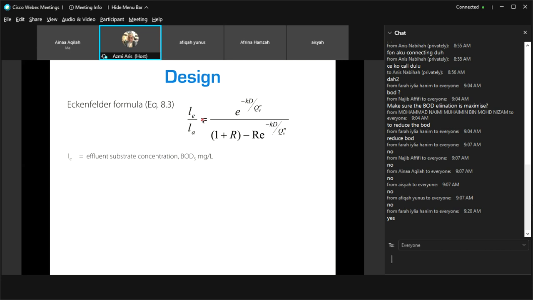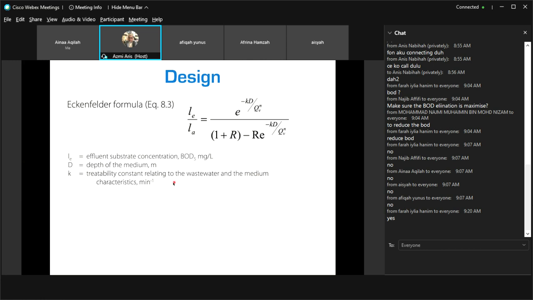Last time we called it S, but here we call it Le. D is the depth of the media. K is the dilutability constant relating to the wastewater and the medium characteristic. So with relating to the wastewater, it means sometimes it can be sewage, or if industrial wastewater, then it will become different.